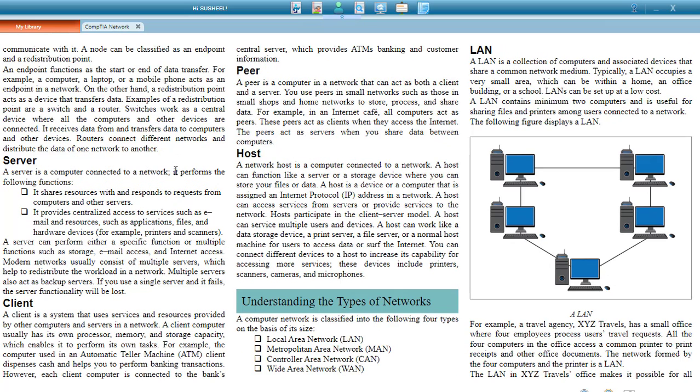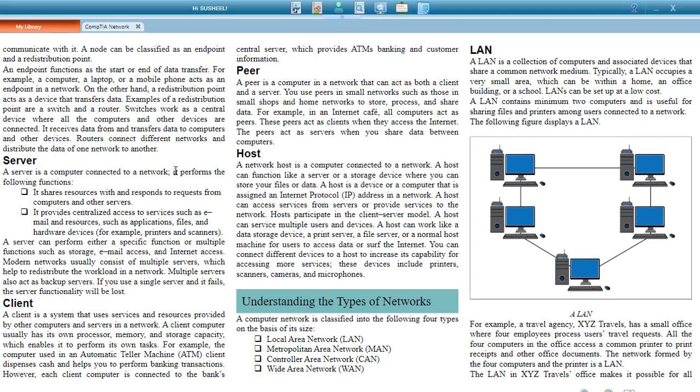A node can be classified as an endpoint or a redistribution point. An endpoint functions as the start or end of data transfer. For example, a computer, a laptop, or a mobile phone acts as an endpoint in a network. On the other hand, a redistribution point acts as a device that transfers data.